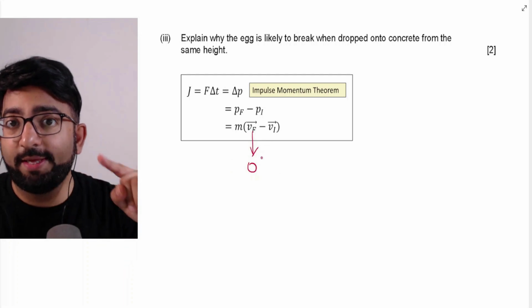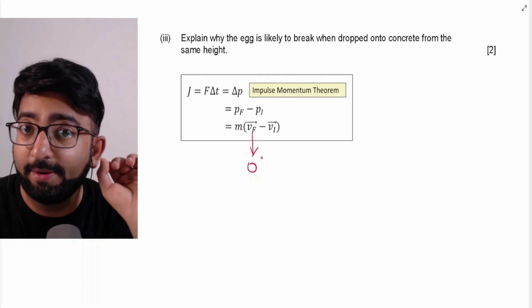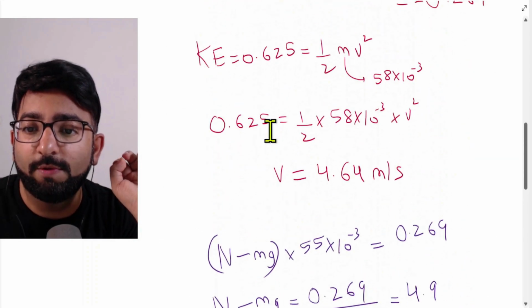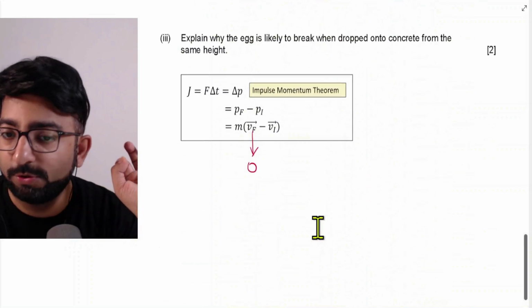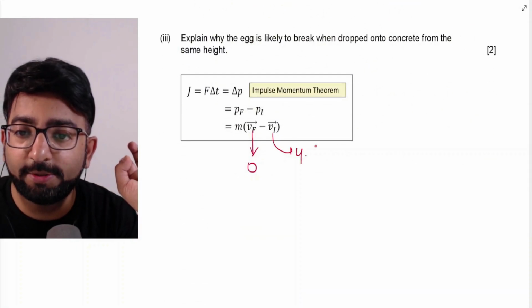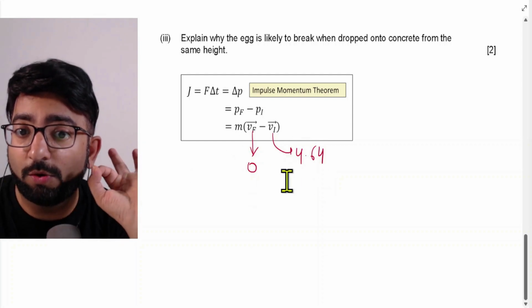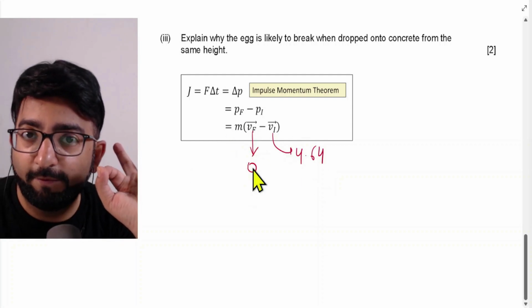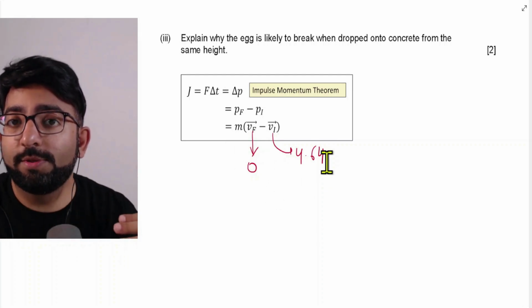The initial velocity is the velocity of the egg just before hitting the surface. In the previous case, we had figured out the value of that v to be 4.64 meters per second. So v initial is 4.64. If you analyze, the right side of this expression is constant, because m, final velocity, and initial velocity are the same no matter what the surface is.